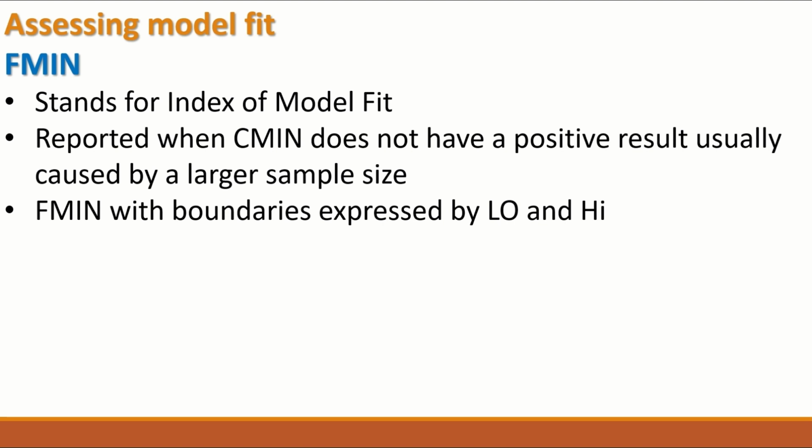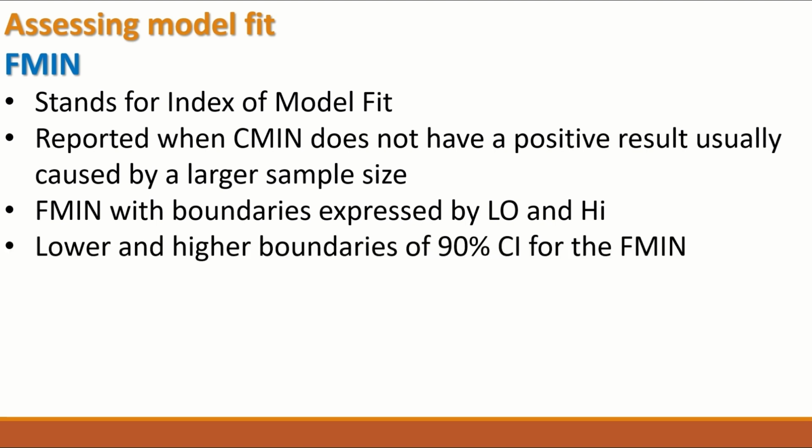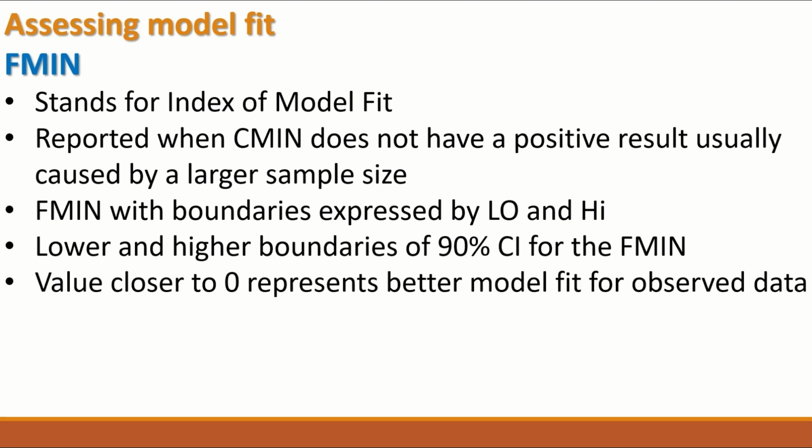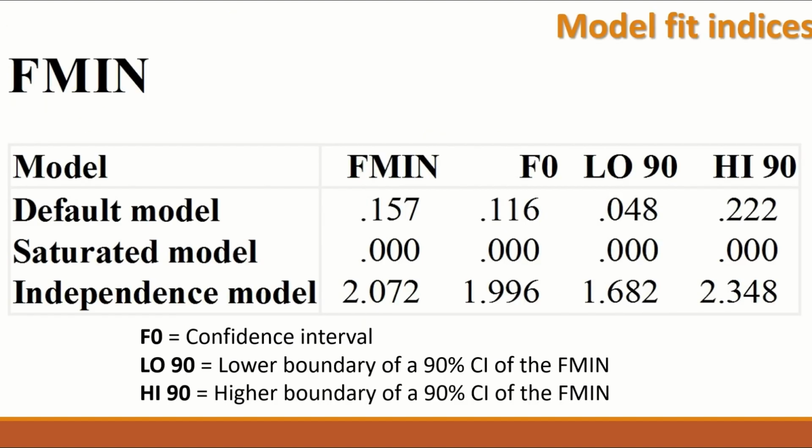The FMIN is described with boundaries expressed by low and high, the lower and higher boundaries of the 90% confidence interval for FMIN. A value for FMIN close to 0 represents better model fit for the observed data, 0 being the perfect fit.